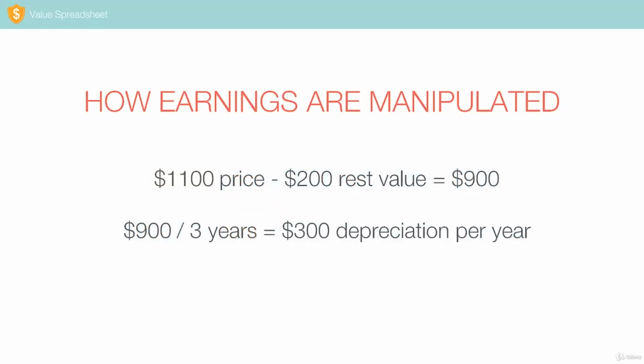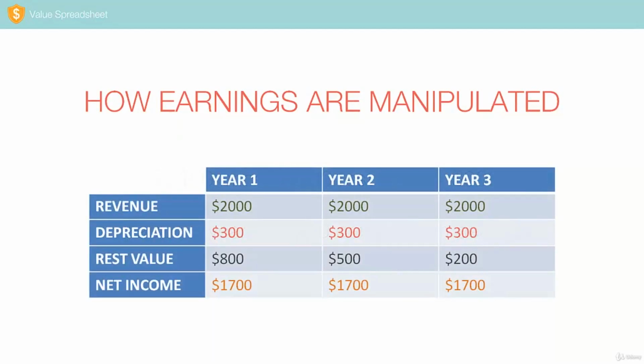If we expect that the $1,100 computer will still be worth $200 after 3 years, this means we need to spread out $900 over a useful life of 3 years. So we will report $300 depreciation per year for the laptop. This results in a net income of $1,700 per year if revenue stays the same.